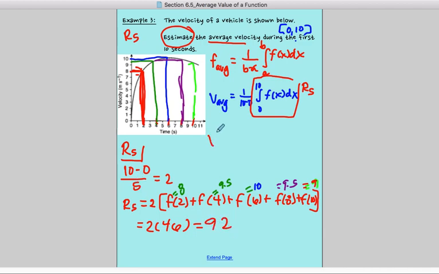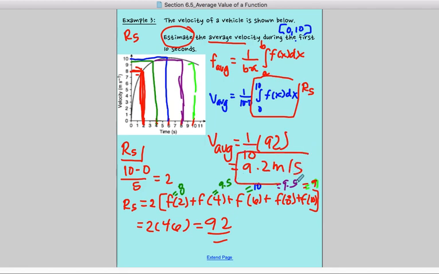So my average velocity over this entire function would be 1/10 of r sub 5. Plugging this in, 92 gives me 9.2 meters per second. So on average, for those 10 seconds, my average velocity was 9.2 meters per second.